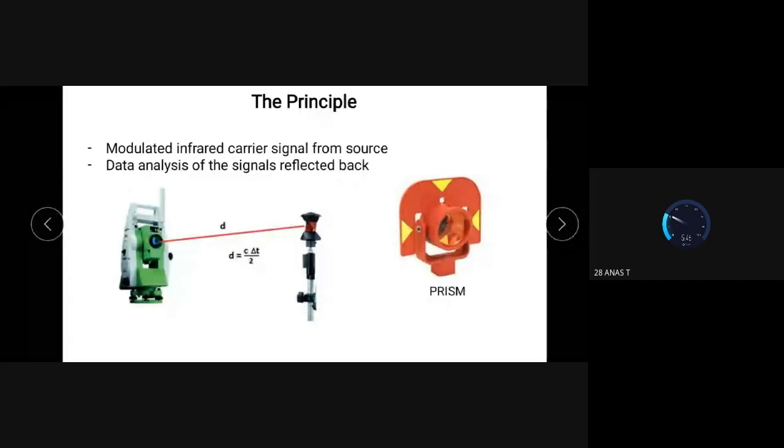These reflected rays will be detected by the total station, and using the time for which it comes back, it will identify the distance between the instrument station O and the station A.